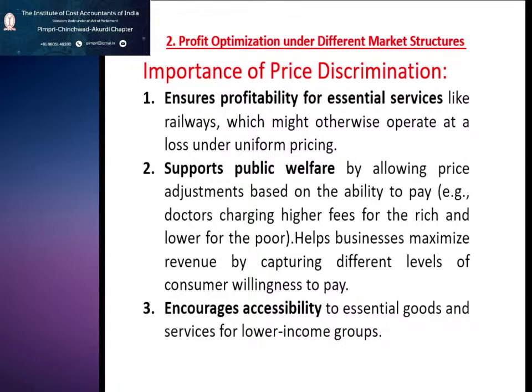Because of price discrimination, essential goods are easily accessible to everyone, including the lower income group, because for them essential goods are available at a lower price. That's how price discrimination ensures social stability.